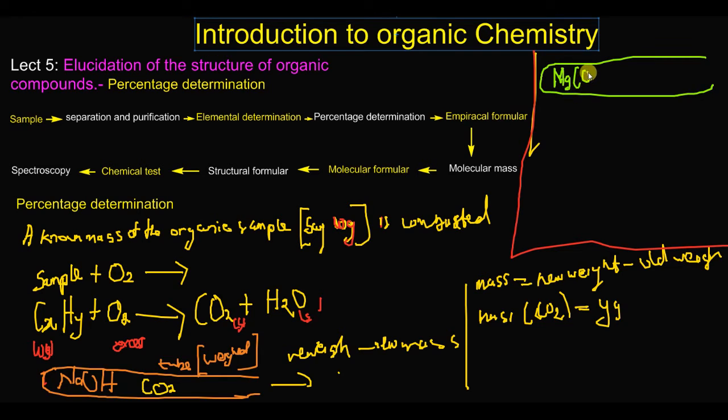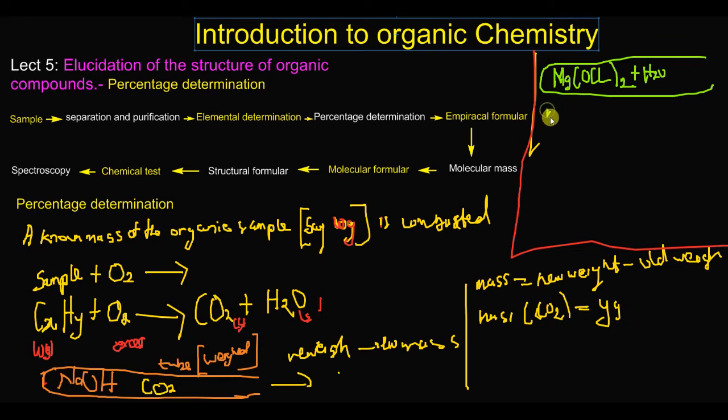This compound in a tube can absorb the amount of water produced. You pass the tube through the reaction, and the compound inside the tube will absorb the water produced.